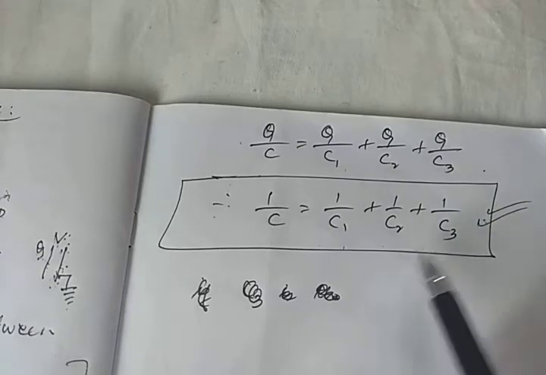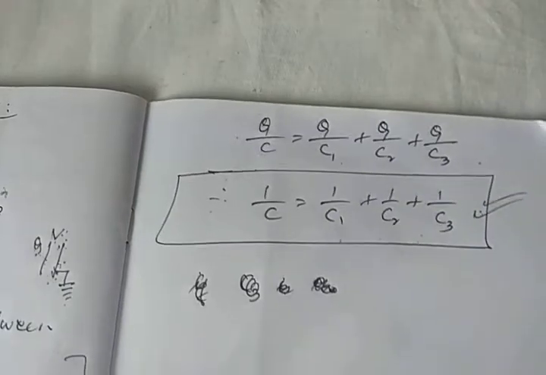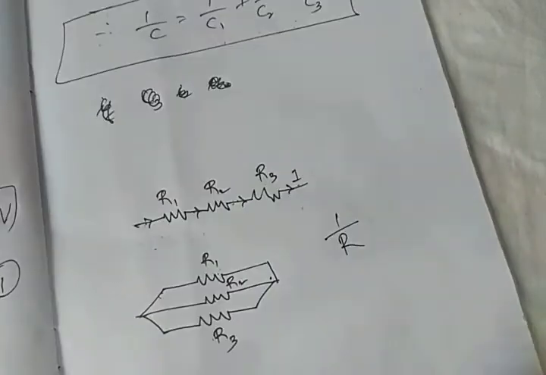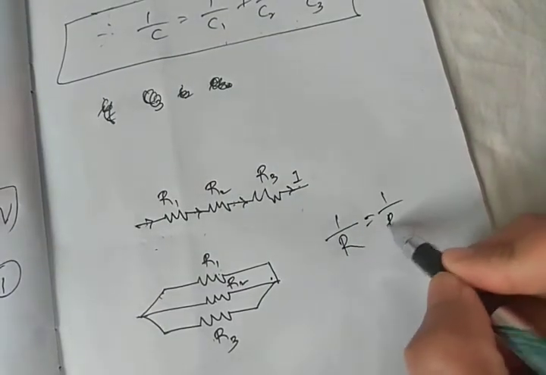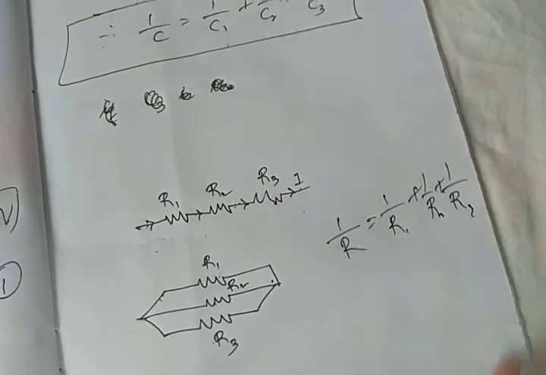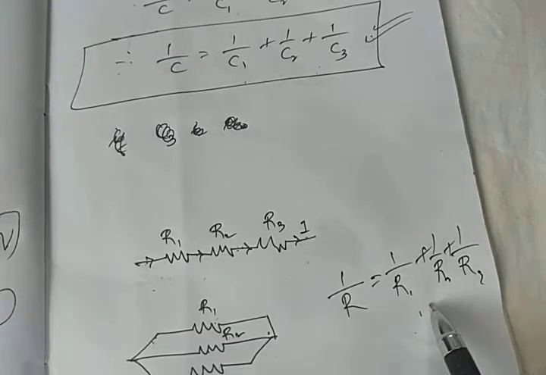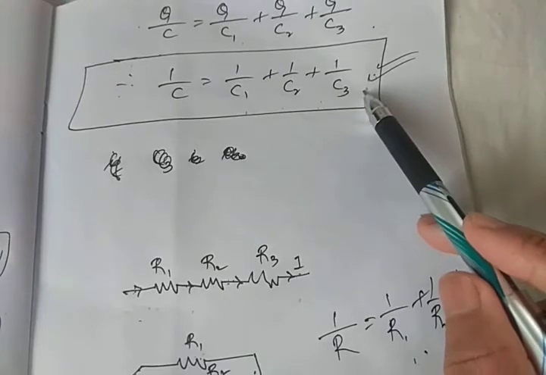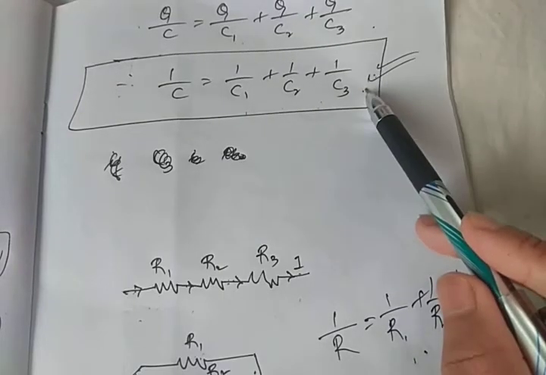Now if you look at this equation, it looks very similar to the equation that you know, 1 by R is 1 by R1 plus 1 by R2 plus 1 by R3. Only thing is, that was for the parallel combination of resistors, but in case of capacitors, this is for the series combination of capacitors, remember.